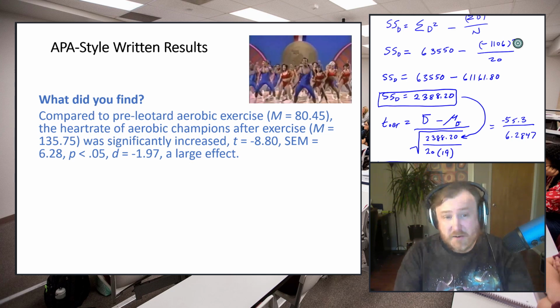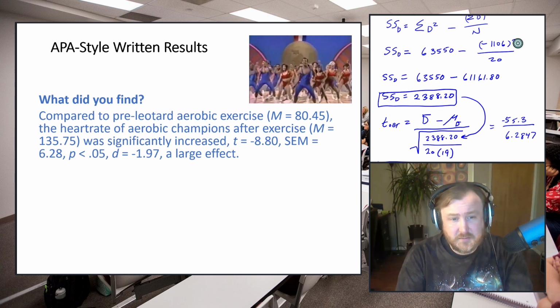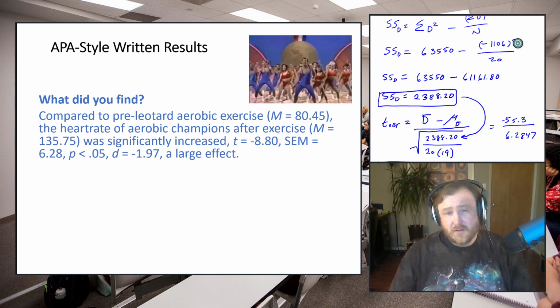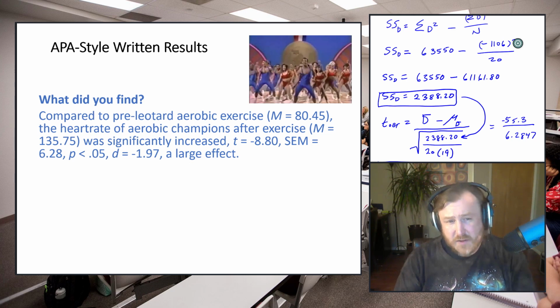And then you report the standard error of the mean, which is simply the denominator of your equation. And then p is less than 0.05. Now, if we did not reject the null hypothesis, p would be greater than 0.05.